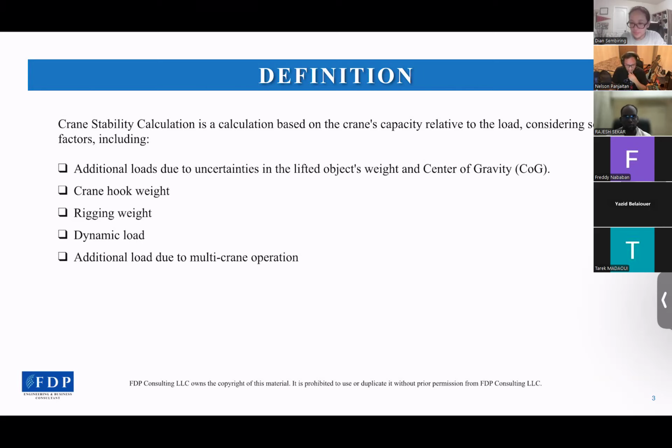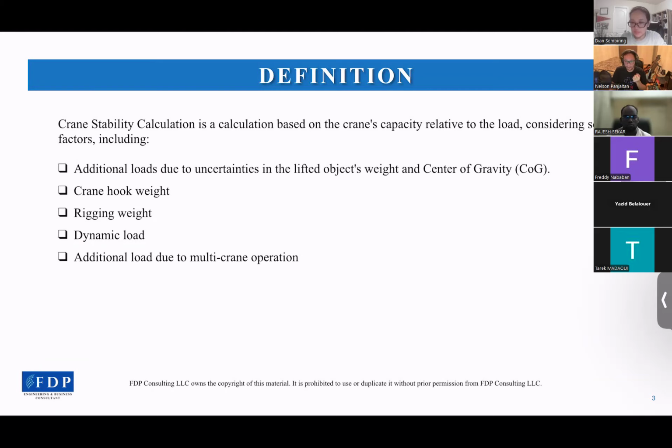And then we have dynamic load. Dynamic load is an additional load caused by the external environment like wind, crane's movement, wave, hook movement, or anything else that could possibly make the object move horizontally or vertically. But we will not discuss the dynamic load in more detail in this class. We will simply use the dynamic factor.